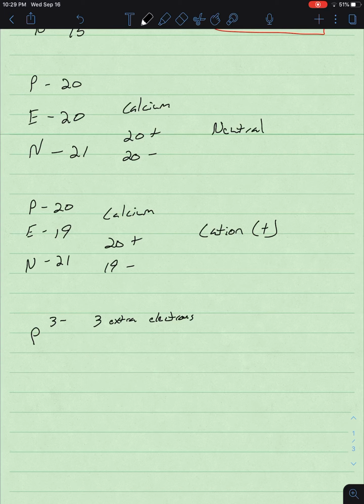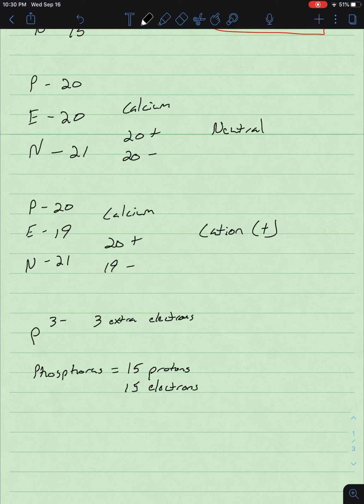If I look up phosphorus, phosphorus has 15 protons. In a neutral atom, phosphorus would have 15 electrons. When an atom is neutral, protons and electrons will be the same because they balance each other out, so there is no charge.